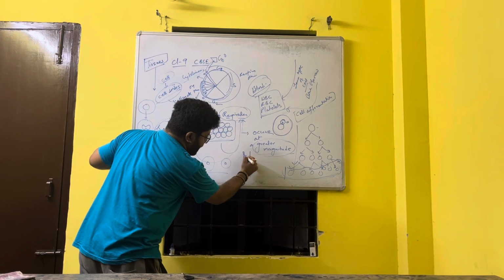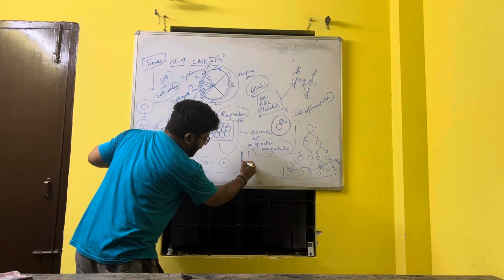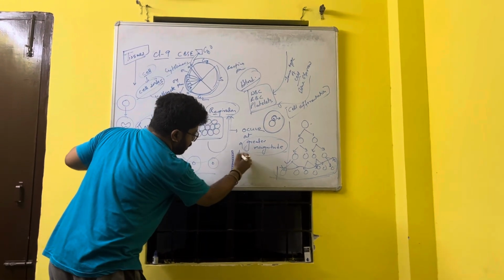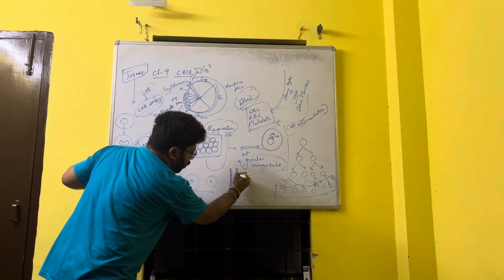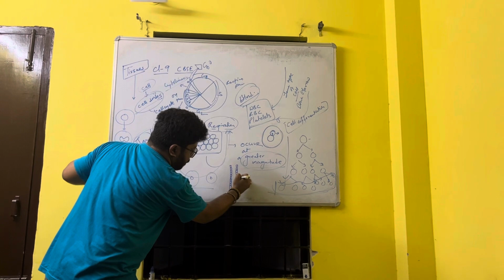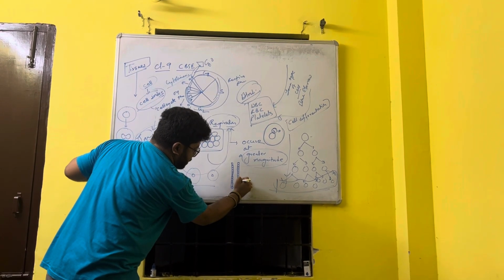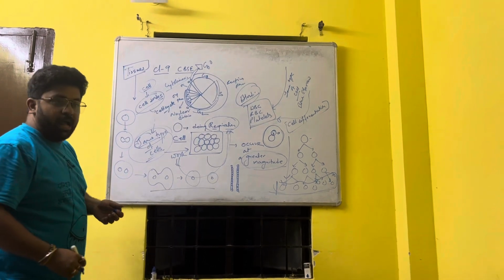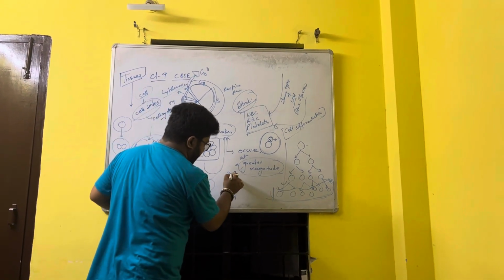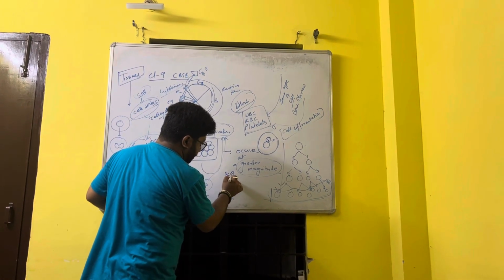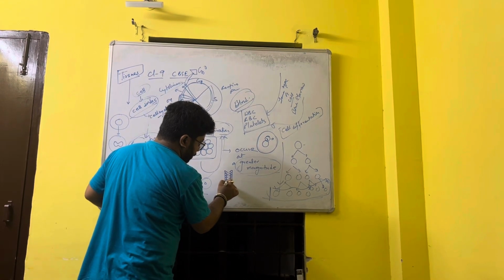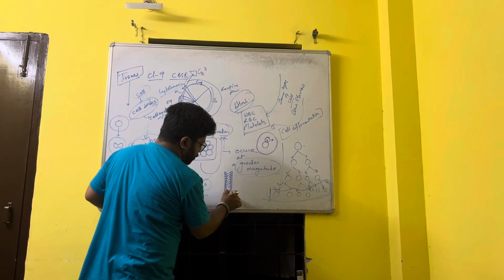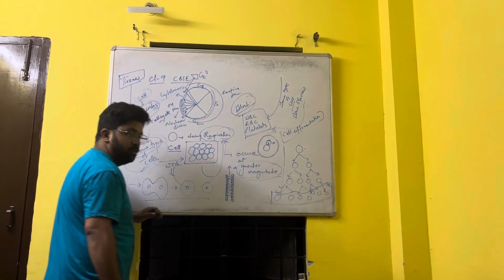Cuboidal and columnar epithelial cells line our trachea like this, with cilia coming out of them, which move and trap dust particles and try to send them out.